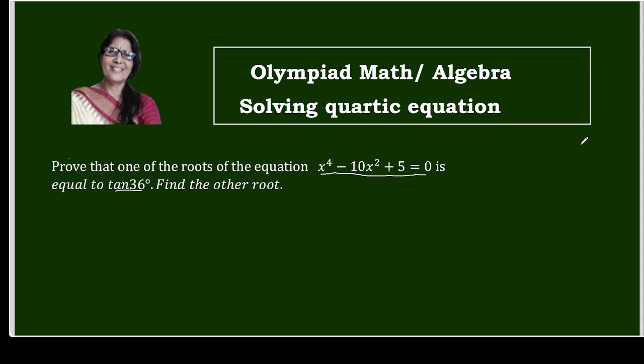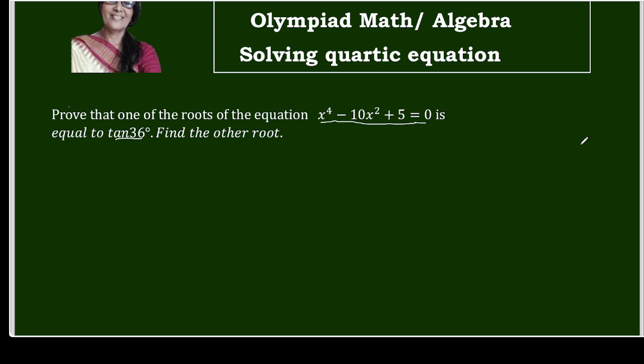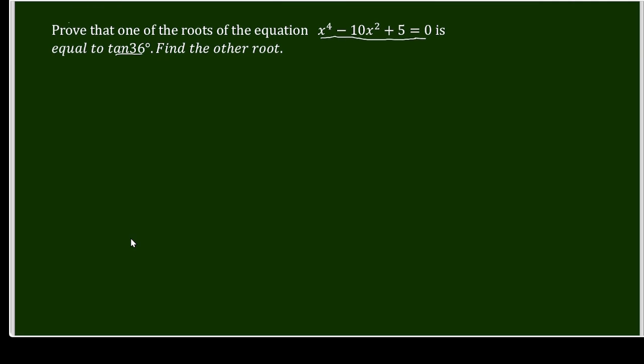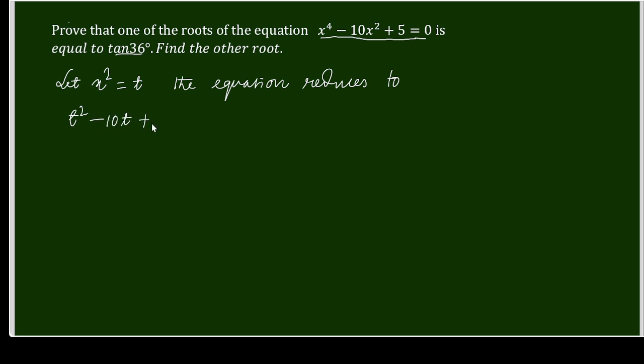Since it is a quartic equation of degree 4, there are 4 roots here. X has 4 values. We know how to reduce this equation into a quadratic and solve it. So let's begin. I'll take x square as some variable t, so that the equation reduces to t square minus 10 times t plus 5 is 0.